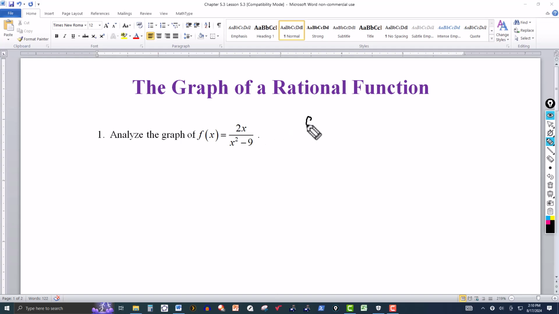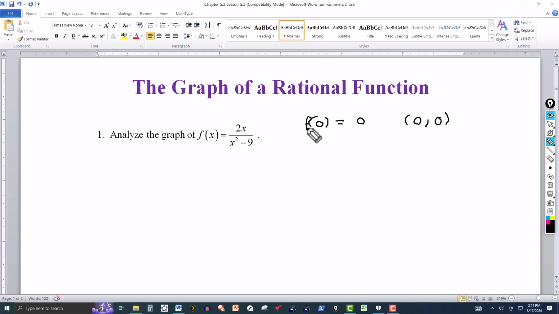So we know that if I evaluate this function at f of 0, in other words, replace the x by 0, I get 0 over negative 9, which gives me 0. So this suggests that the graph passes through the point (0, 0), which is the origin.